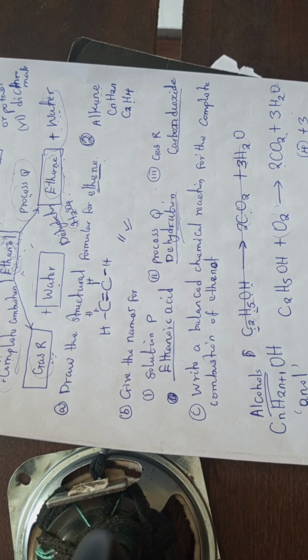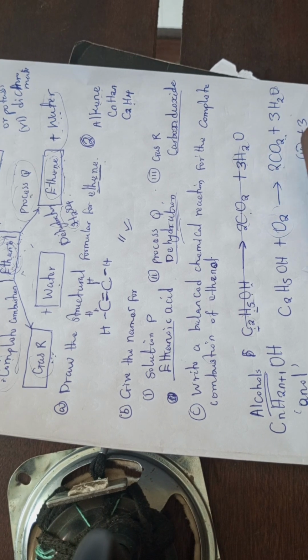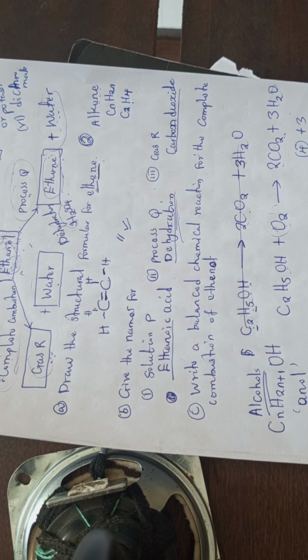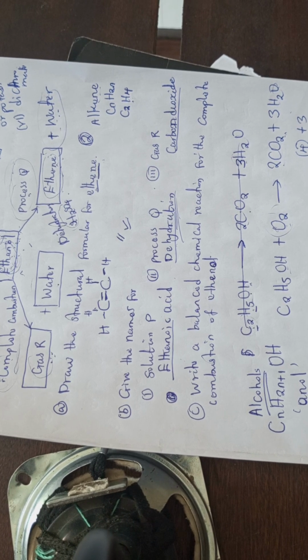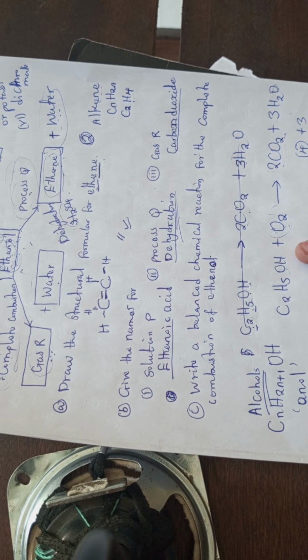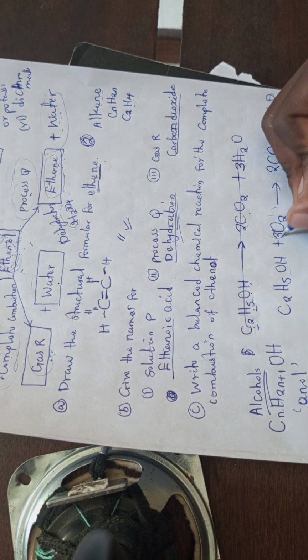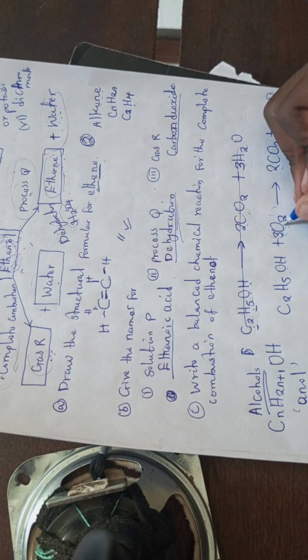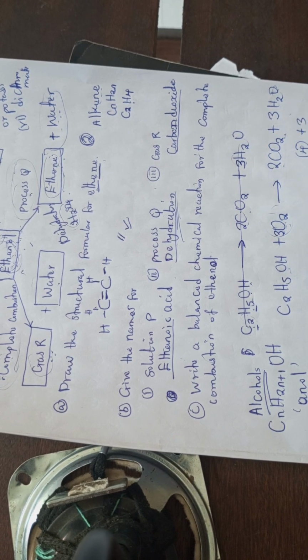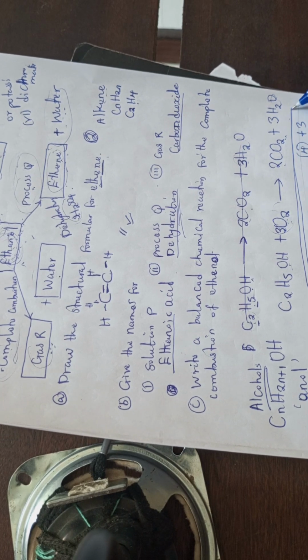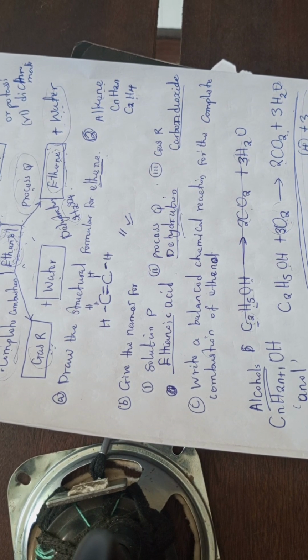Here we have 1, so 6 must be added here for us to get to 7. If we put 3 here, 3 times 2 is 6 oxygens, plus 1 here, it balances with this. And this is the required balanced chemical reaction for complete combustion of ethanol.